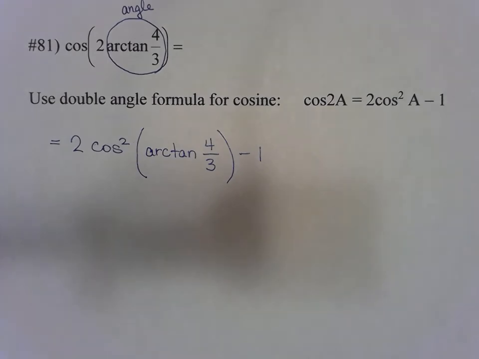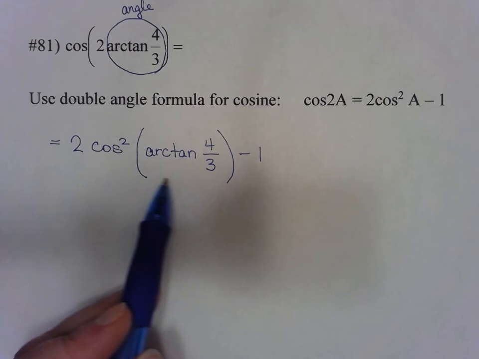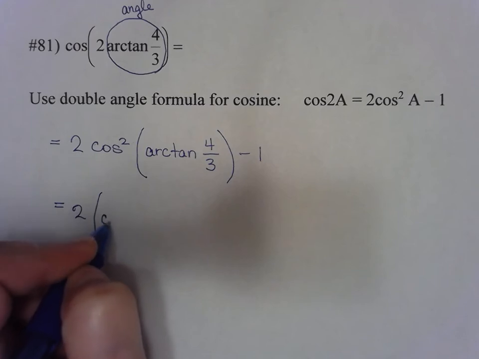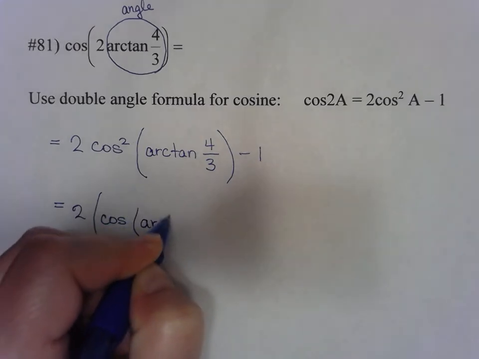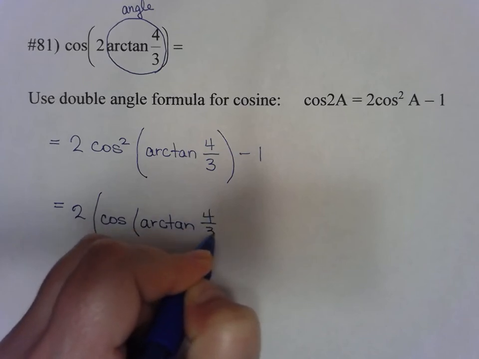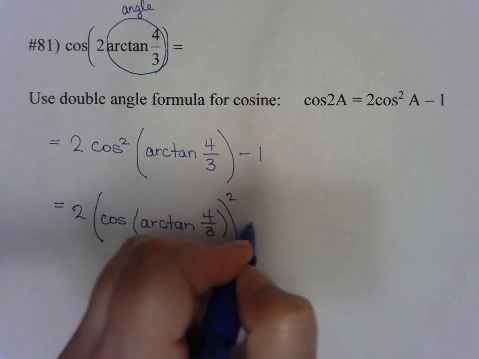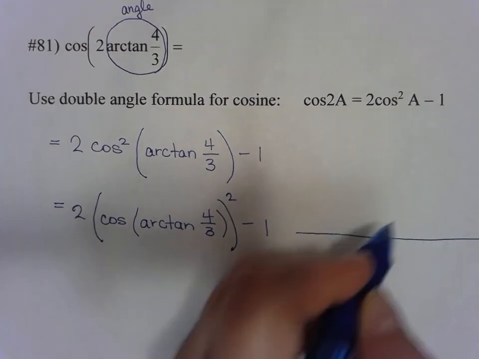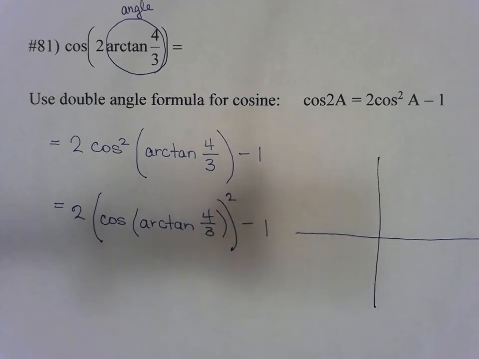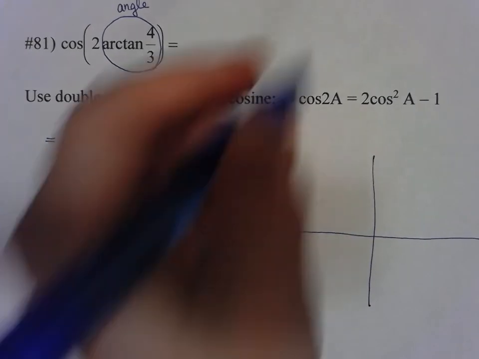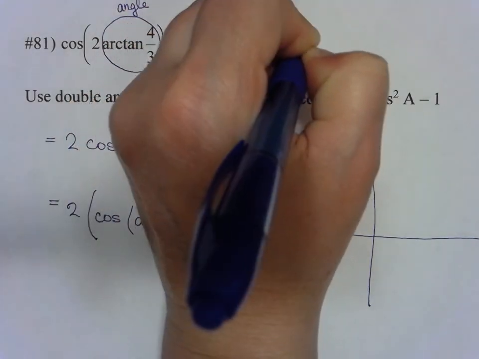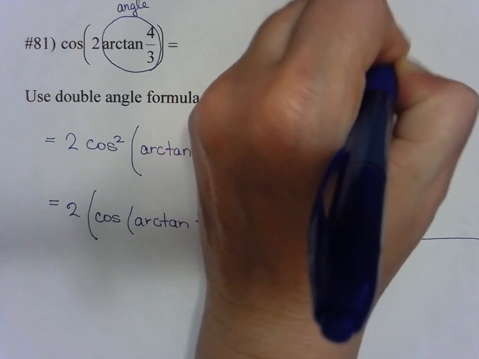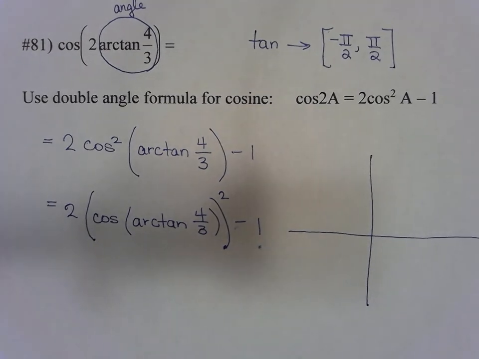Okay, so let's find the value of this. Maybe it'd be better to write it as cosine of the arctangent of 4/3, squared. That might be easier to think about. Let's draw a triangle for this. We're dealing with the tangent, which means we're working between -pi/2 and pi/2 as our restricted domain.